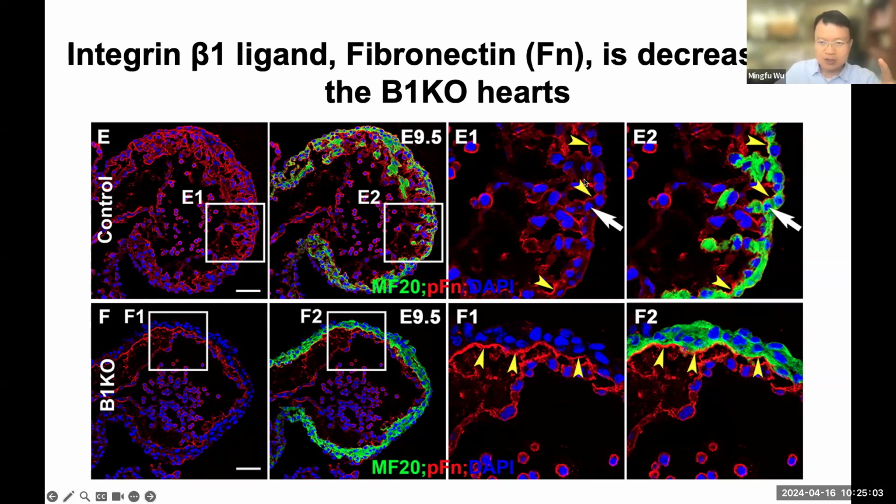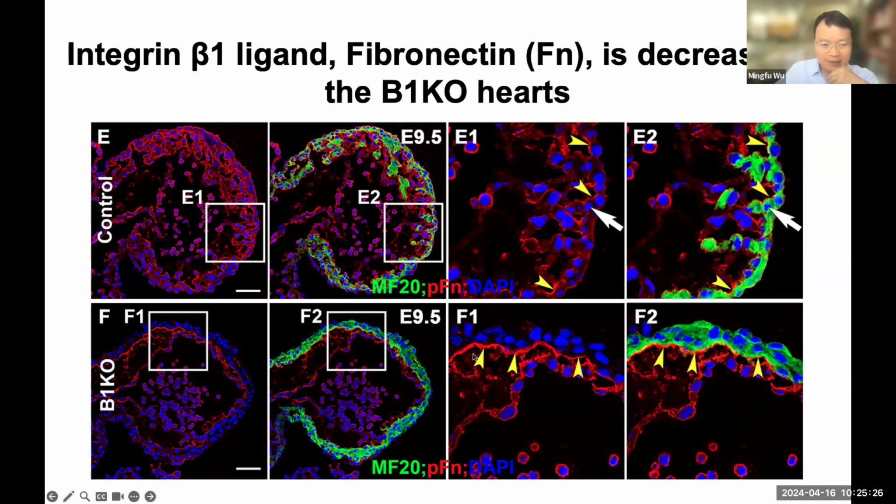All the cells show asymmetric distribution to the luminal side. By the way, I want to emphasize that fibronectin is expressed in the cardiomyocytes here. However, in the B1KO, you can see the expression of fibronectin in the cardiomyocytes is almost completely abolished.